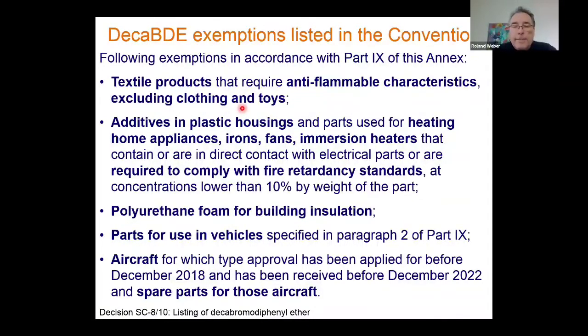Then exempted are additives in plastic housing, especially for heating home appliances like irons, fans, and heaters. Also exempted are polyurethane foam for building insulation, certain parts in vehicles, and also certain parts of aircraft.